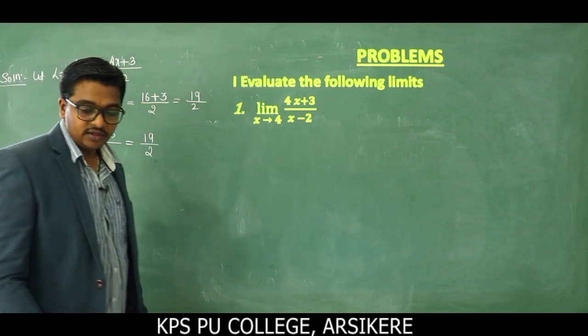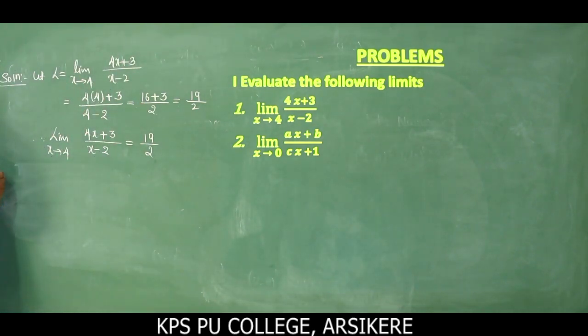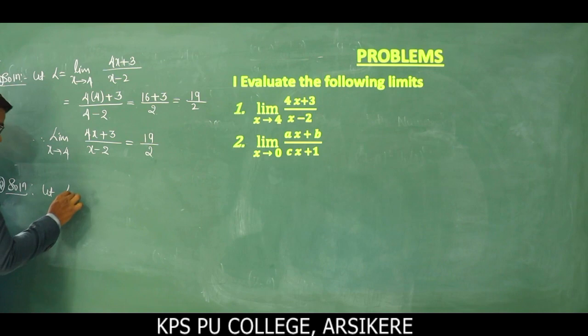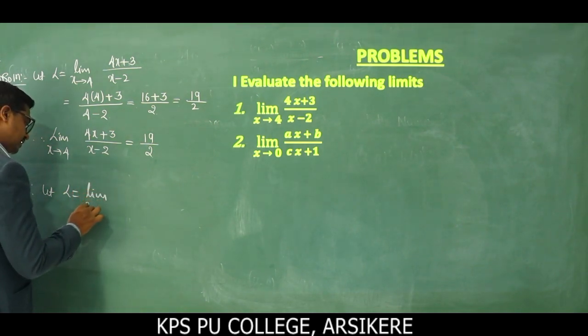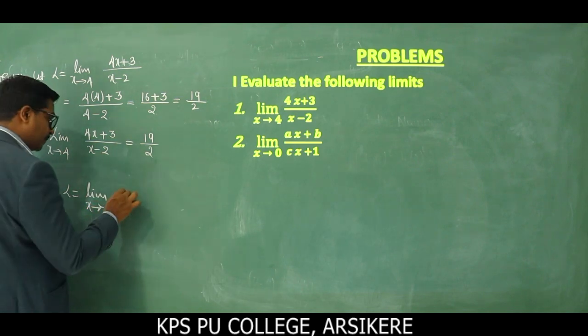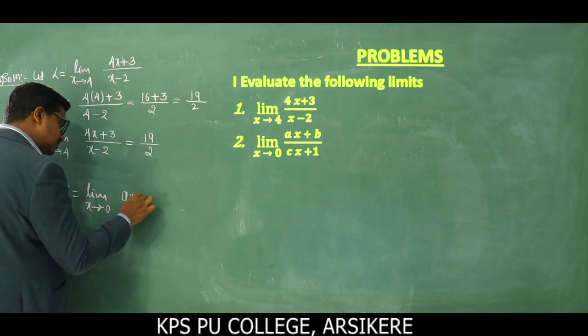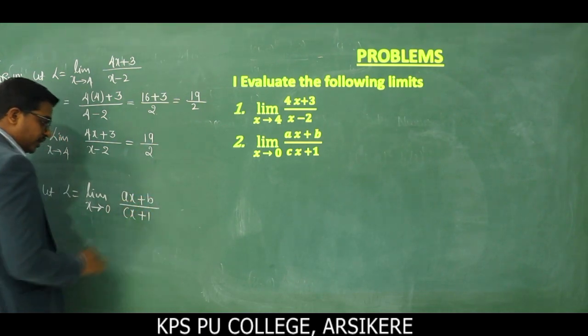Next we are moving to the second problem. Second one, solution. Let us take the limit as L. L is equal to limit as x approaches to what? 0 of (ax plus b) divided by (cx plus 1).